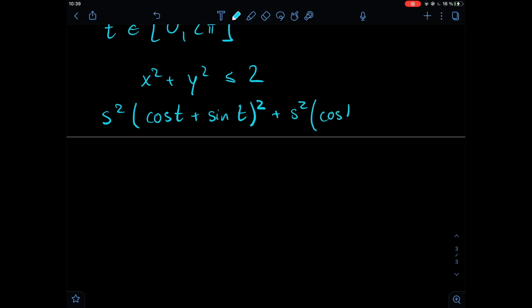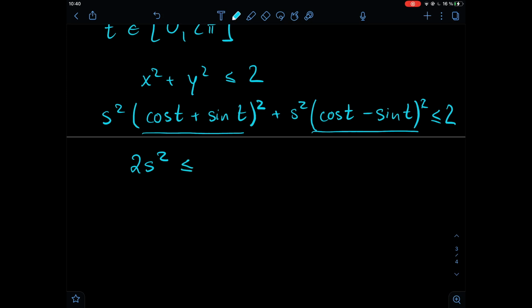So we have cosine of t minus sine of t and the whole thing squared, and that should be smaller or equal than 2. Now we just use the binomial formulas to calculate that, and what we will get is that 2s squared should be smaller or equal than 2.